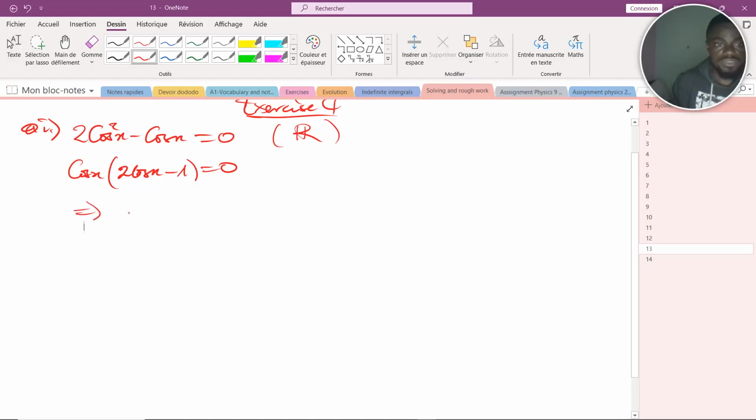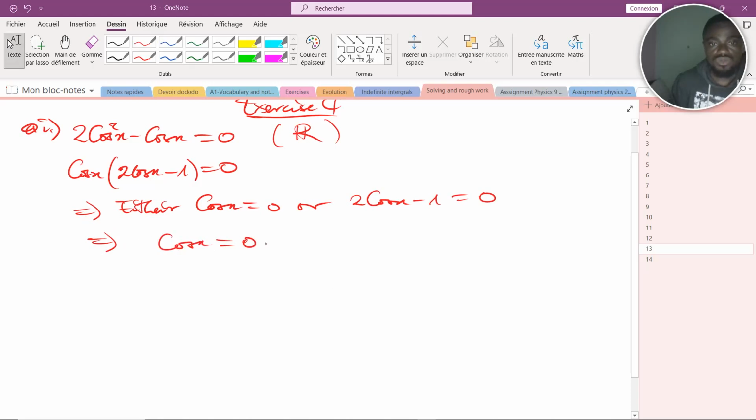This implies either cos x is equals to 0 or 2 cos x minus 1 is equals to 0. This implies cos x is equals to 0, or cos x is equals to a half.